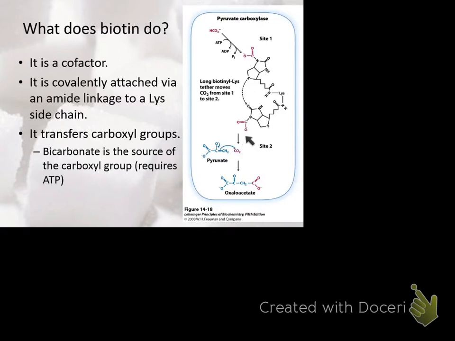It's not really a free carboxyl group, it's one that's attached to the biotin. And that's where we get the oxaloacetate. That's one way to get oxaloacetate. We're going to find out that there's another feeder pathway to make oxaloacetate. Actually, there's more than one, but you're going to see it a lot.